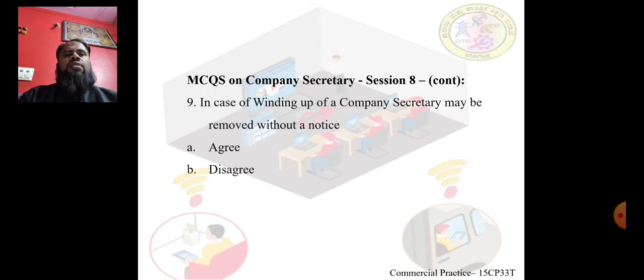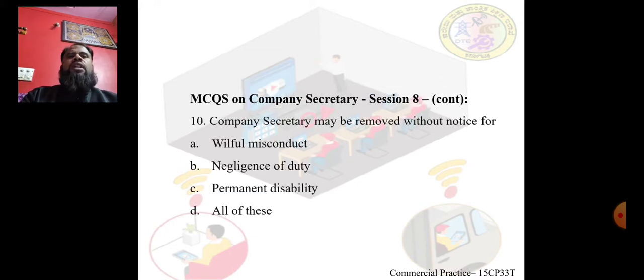In case of winding up of the company, secretary may be removed without a notice. Agree, option A. Option B, disagree. Now the answer for this is agree. In case of winding up of a company, secretary can be removed without giving a notice. That is the right answer.